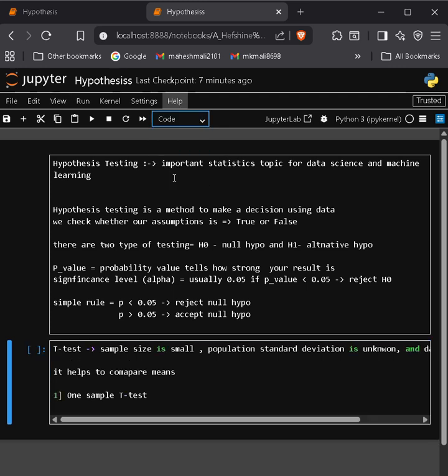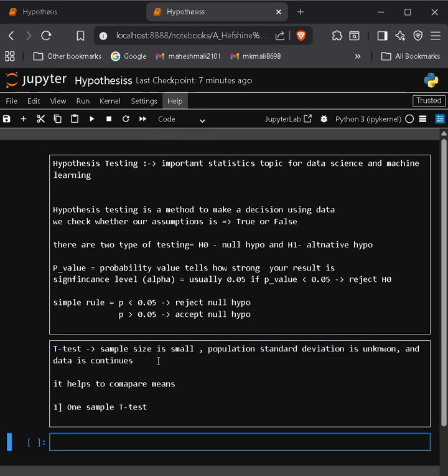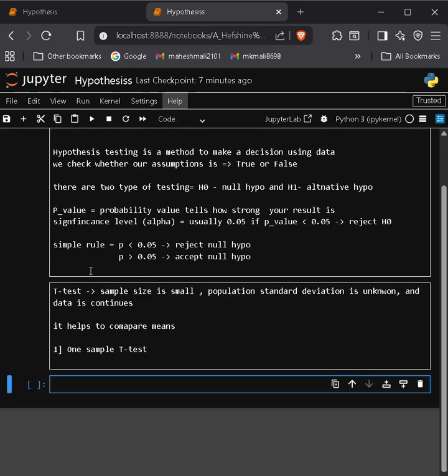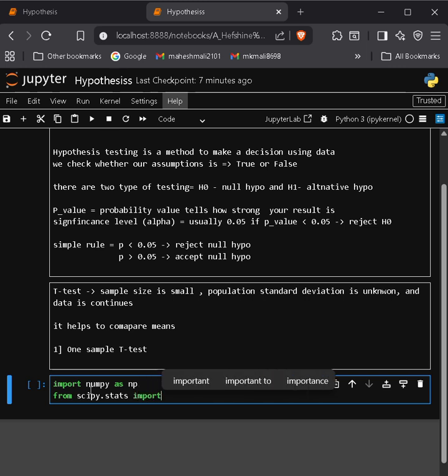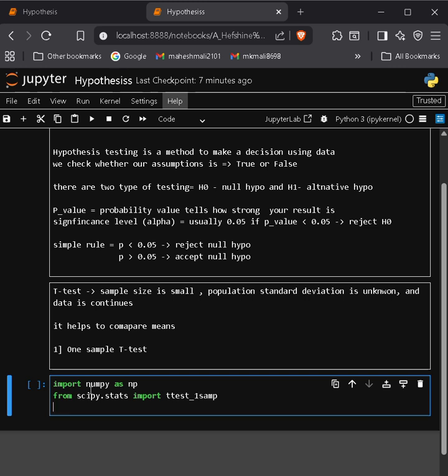Import numpy as np, and we have to specify the stats library. From scipy.stats import ttest_1samp.